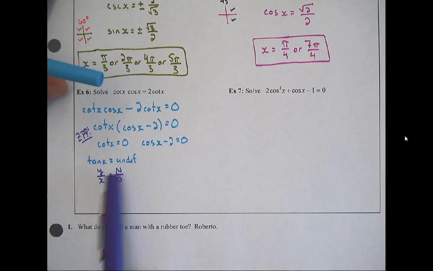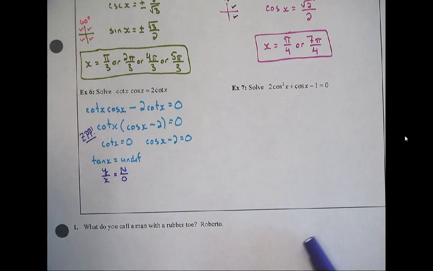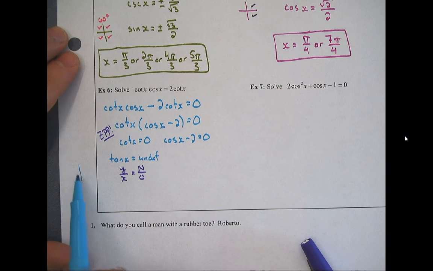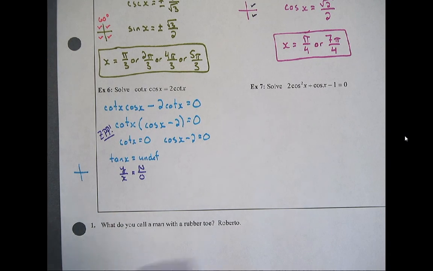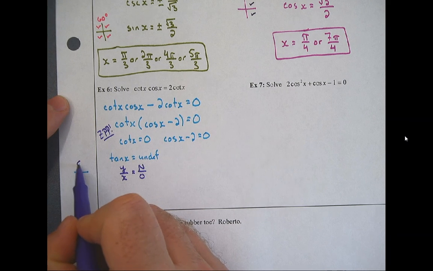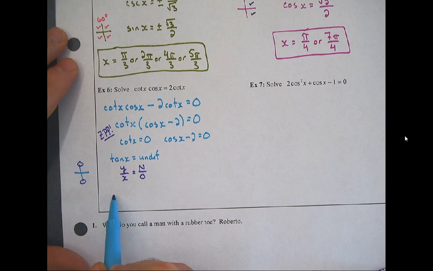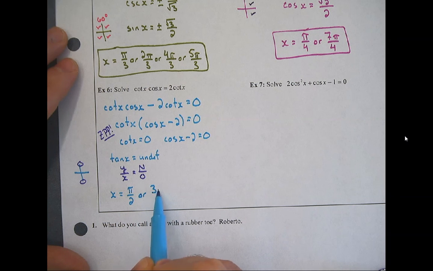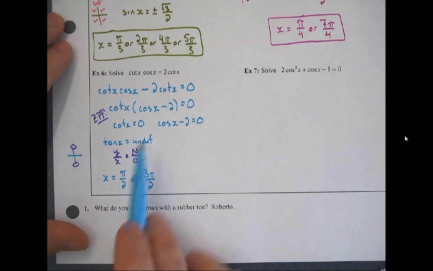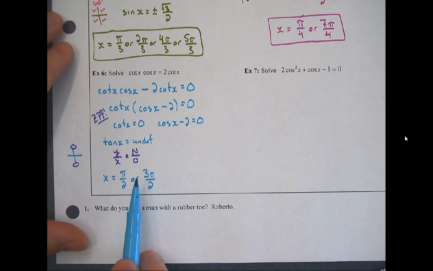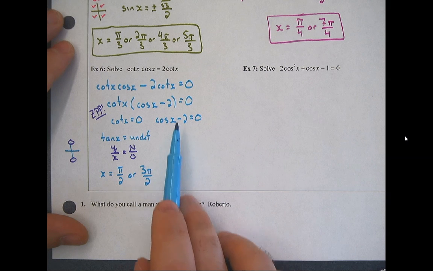I don't care what y is, but I need x to be 0. Where in the coordinate plane is x 0? X is 0 here, and x is 0 here. So those are locations in the unit circle. So x could equal, that's pi over 2, or 3 pi over 2. So I'm not going to box that in yet. I'm going to see what I get for this solution before I box anything in. So let's go ahead and finish this. So let's bump over 2.